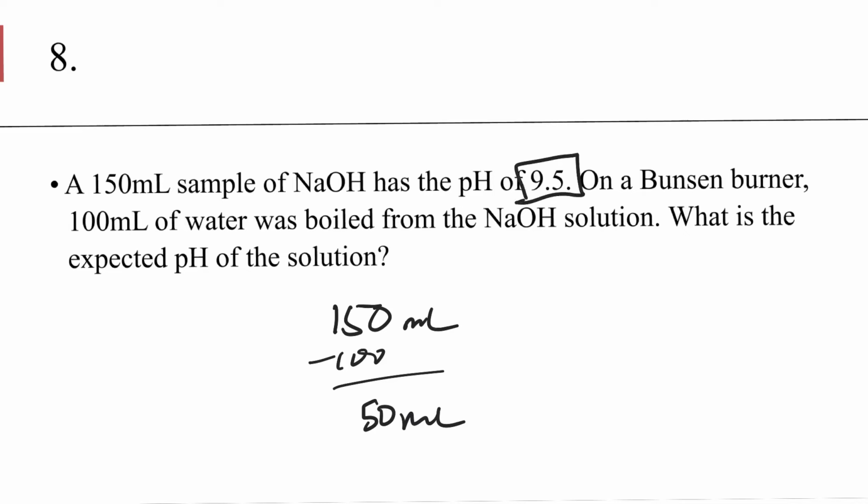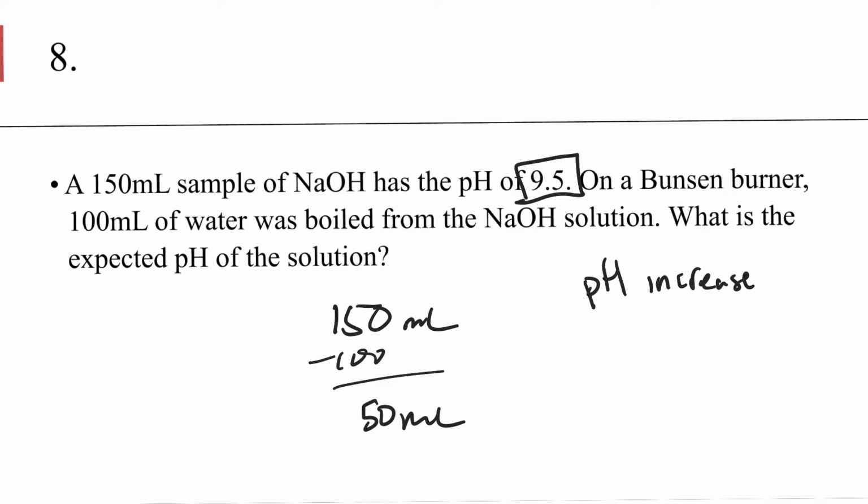Now you have a more concentrated solution, more hydroxides than normal, so we expect that the pH will actually increase because there's more hydroxides. So the more hydroxides you have, the greater the pH. The less hydroxides you have, the smaller the pH. Okay, so you have more hydroxides.